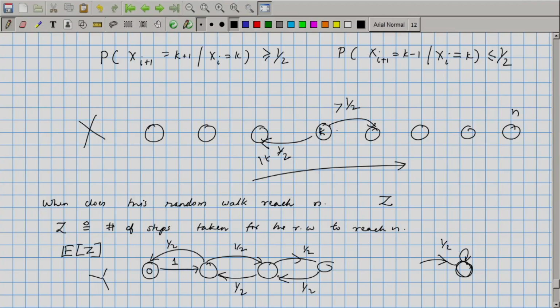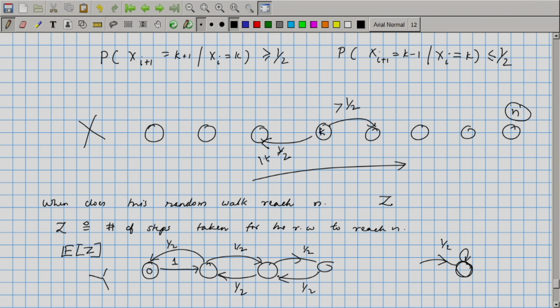There could be instances where y is faster than x, but in an expected sense, the number of steps taken for x to reach any particular state n is going to be smaller than the number of steps taken for y to reach the same state.